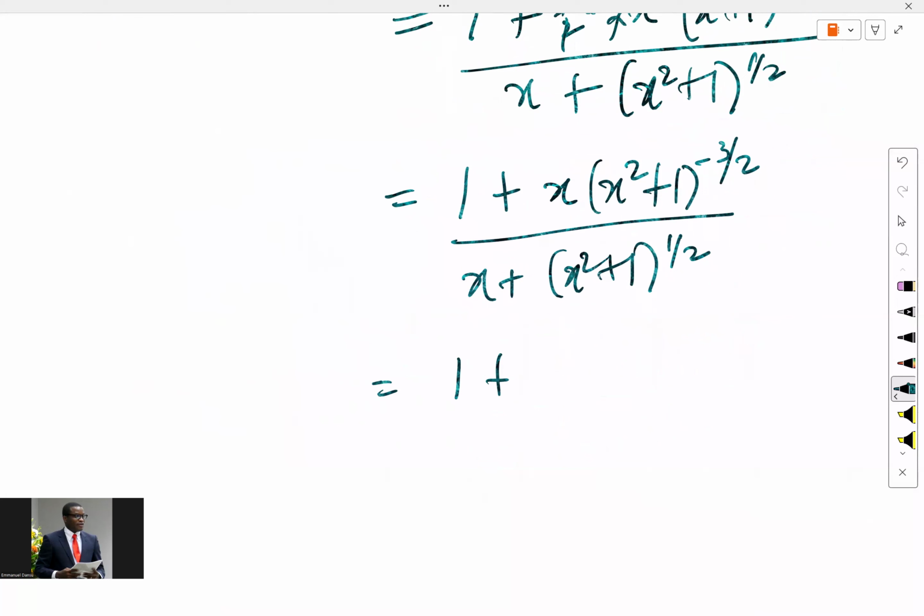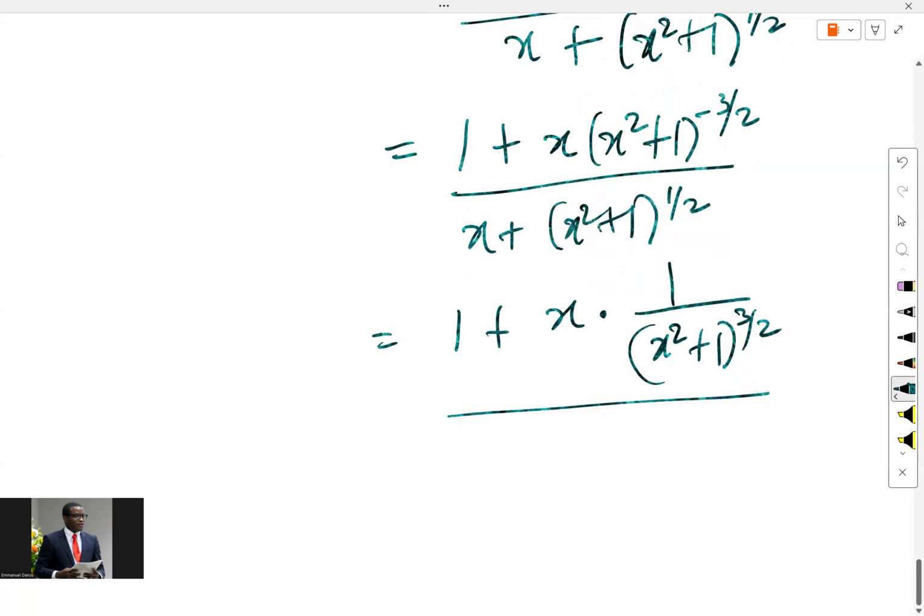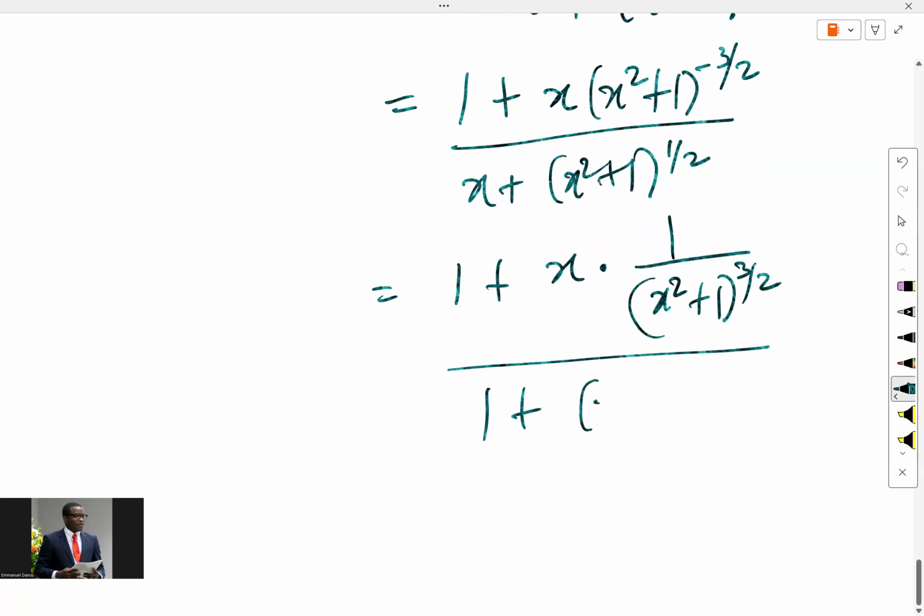So x squared plus 1 raised to minus 3 over 2 is actually 1 over x squared plus 1 raised to power 3 over 2. So that is all over 1 plus x squared plus 1 raised to power half.